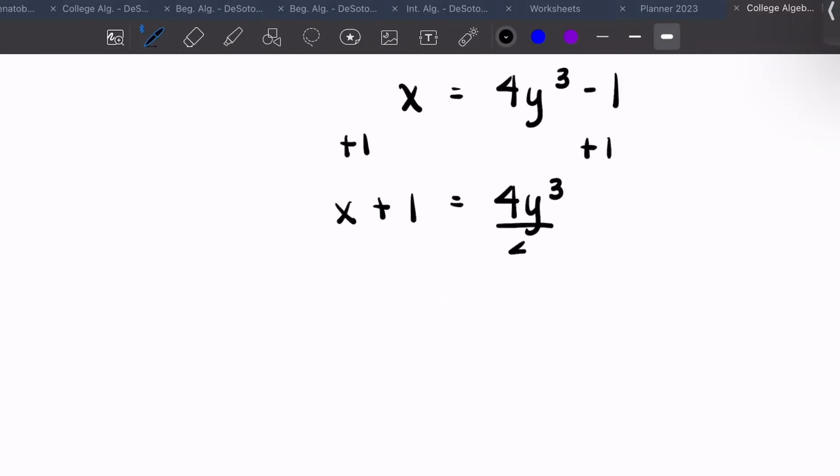Divide by 4. Okay, so now we have a cubed and we need just y. So how we undo our powers is we take the root of that power on both sides. So we're going to take the cubed root.